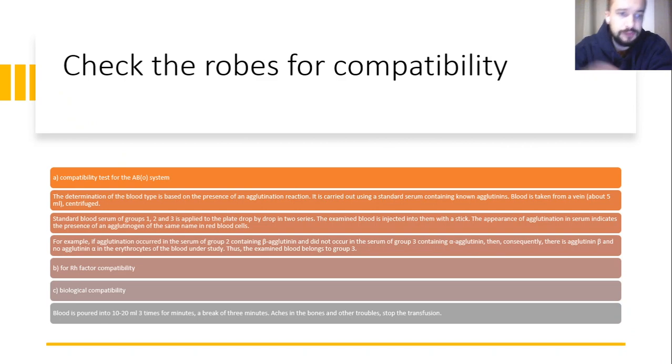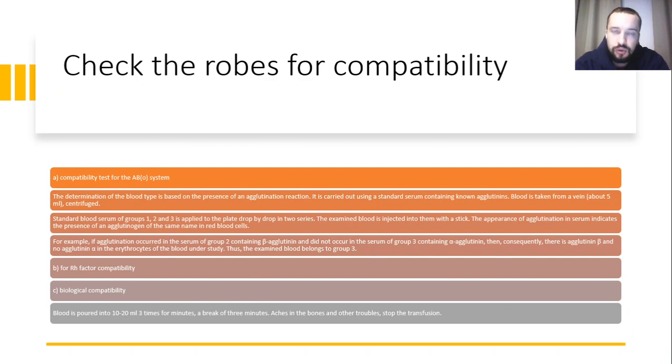For example, if agglutination occurred in the serum of group 2 containing beta-agglutinin and did not occur in the serum of group 3 containing alpha-agglutinin, then consequently there is agglutinogen B and no agglutinogen A in the erythrocytes of the blood under study. Thus, the examined blood belongs to group 3.